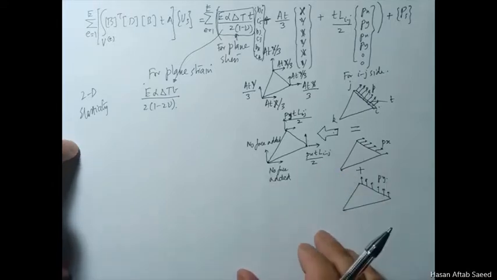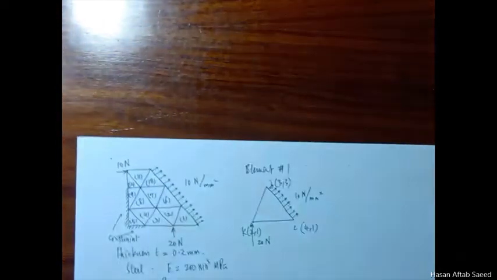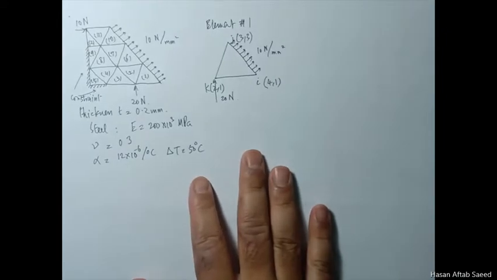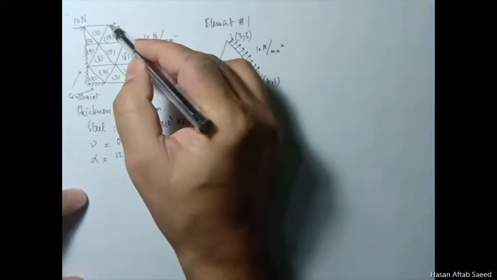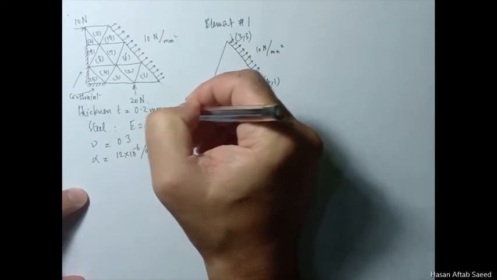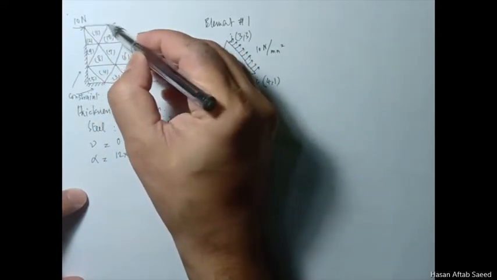So this was the last lecture, and now let's apply this knowledge to a problem or two. Let's consider this problem. There's a component with a thickness of 0.2 millimeters. So this has this dimension.